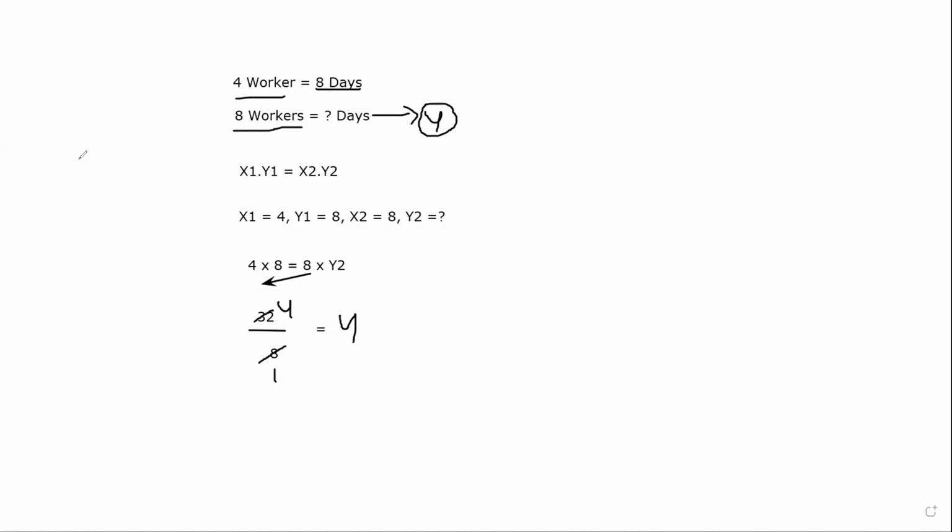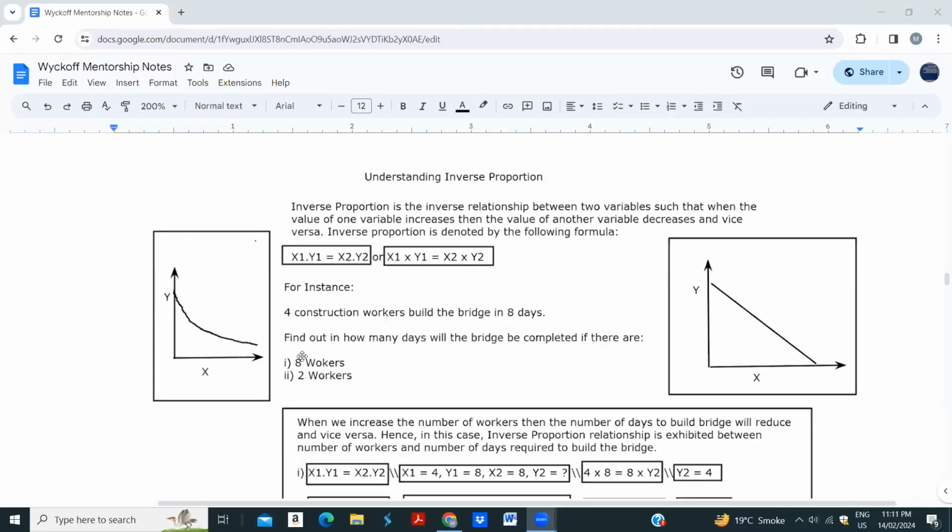Okay, so we do the second situation. In the first situation, the number of workers was increasing. Now we have to understand what will happen when the number of workers decreases. Let me go back here. Now we have to figure out what happens when the number of workers decreases from 4 to 2. So what will happen?